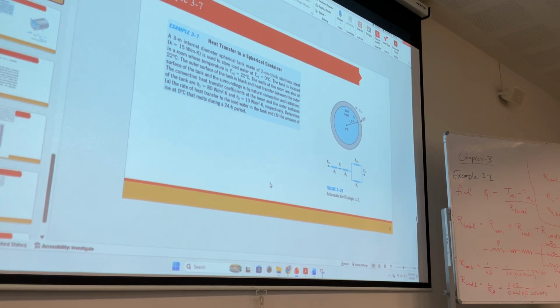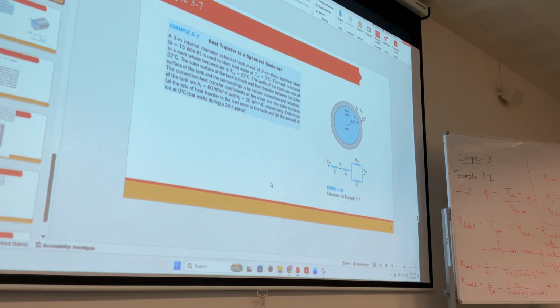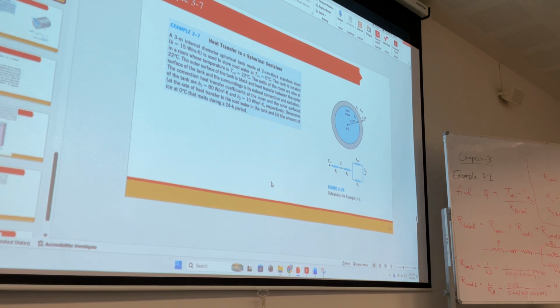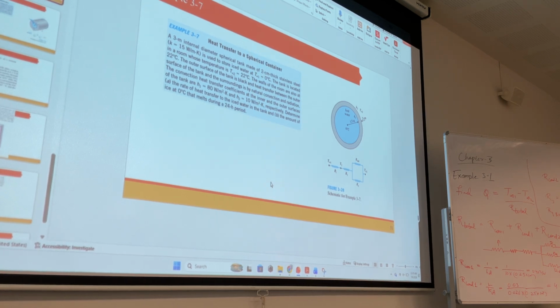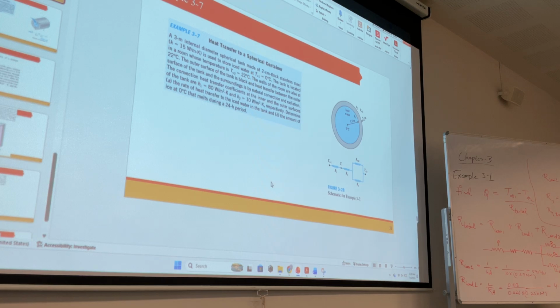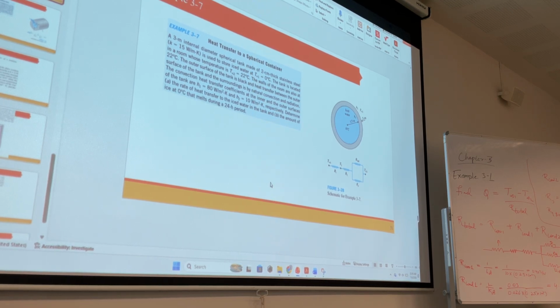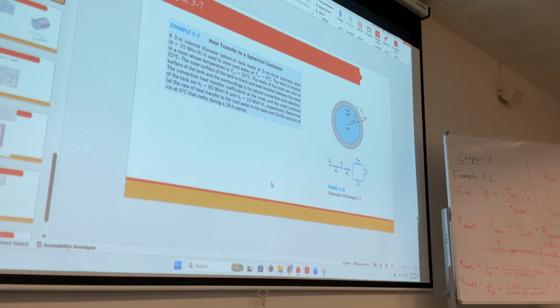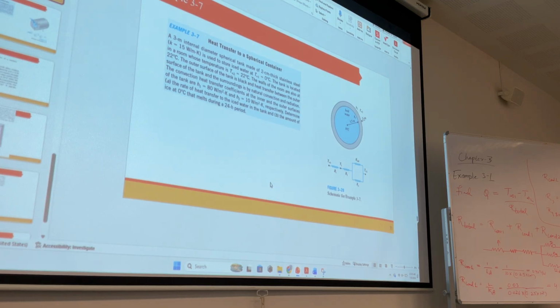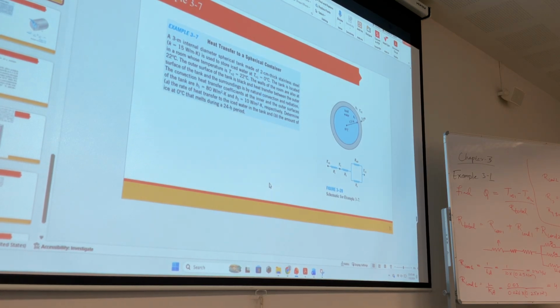So the radius is 1.5 in the diagram. The ice water is obviously 0 degrees Celsius. The tank is located in a room whose temperature is 22. The walls of the room are also at 22. The outer surface of the tank is black and heat transfer between the outer surface of the tank and the surroundings is by natural convection and radiation. There is radiation this time. The convection heat transfer coefficients at the inner and the outer surfaces of the tank are h1, h2. Determine the rate of heat transfer to the ice water in the tank.